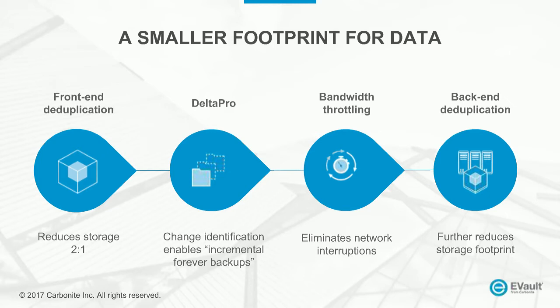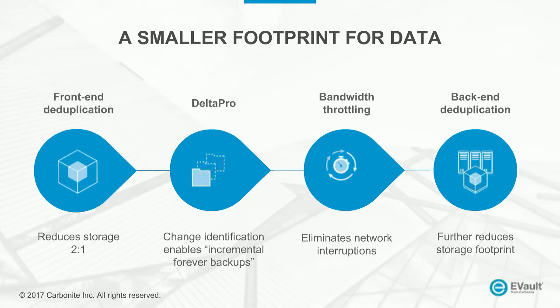You don't need expensive bandwidth upgrades. You don't need to spend more on extra storage to get all those historical retentions that you want. Same thing, the solution can throttle down on the bandwidth so you can determine when backups will occur and how much bandwidth they're going to consume while they're ongoing.